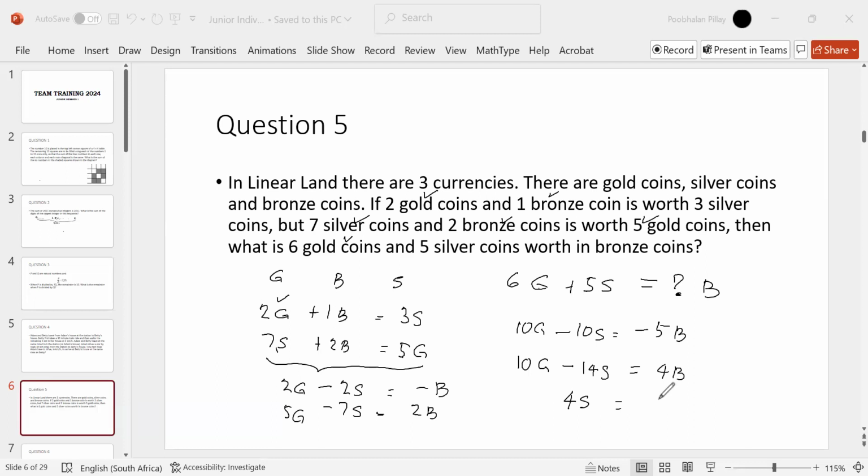What am I doing here? It's supposed to be 2g minus 3s. Yeah, 2g minus 3s. So when you multiply this by 10, you got minus 30.